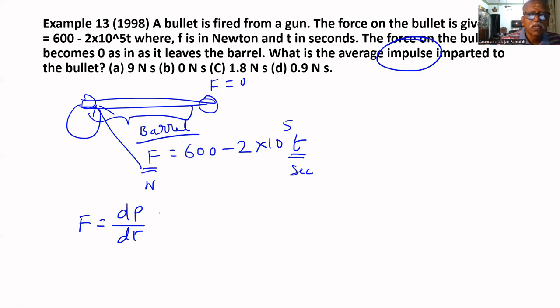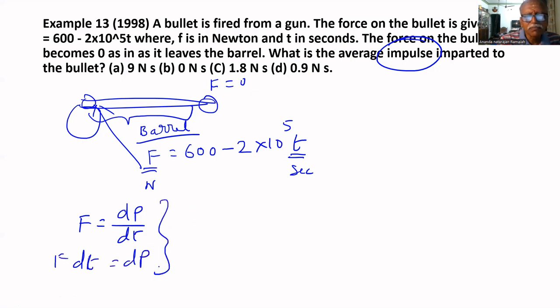Multiplying both sides by dt, we get F dt equal to dp.